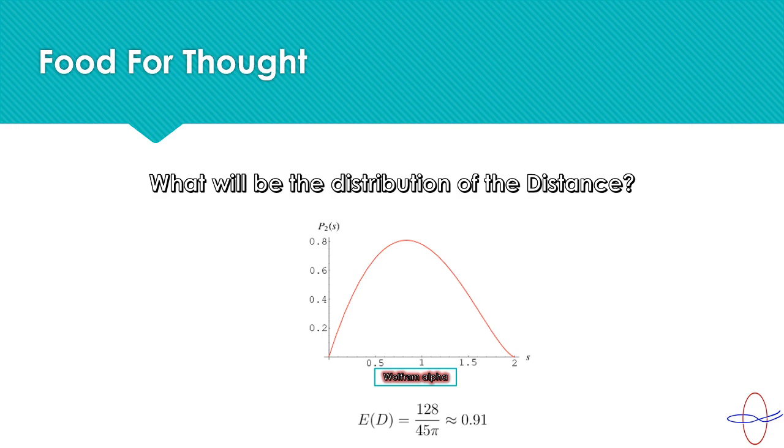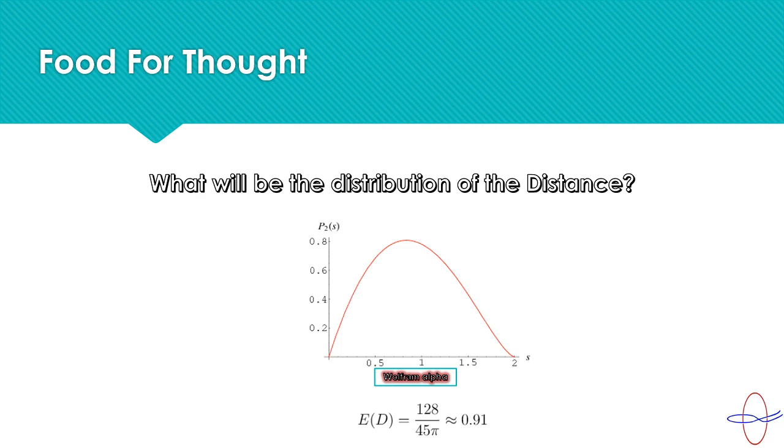Now why is it so? Because if you randomly select 2 points, the probability of a smaller length is much more probable. I'm not talking about very small lengths, but about the general picture. The probability of less than one is much more than the probability of more than one.